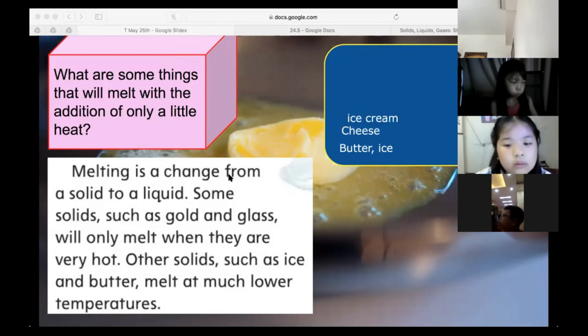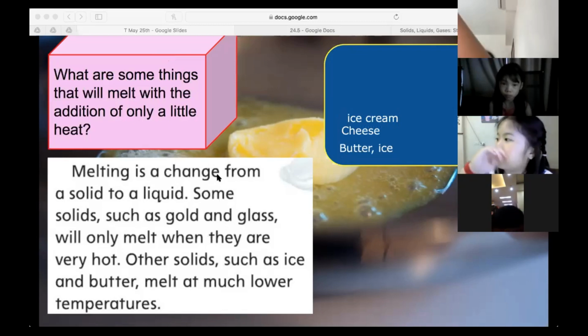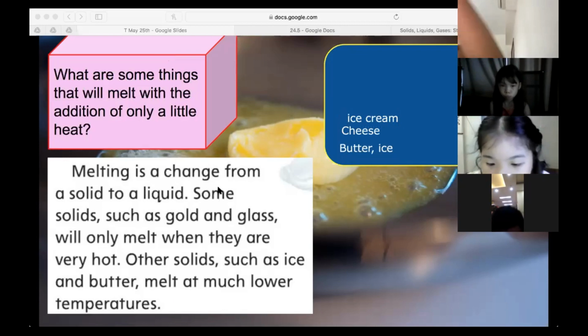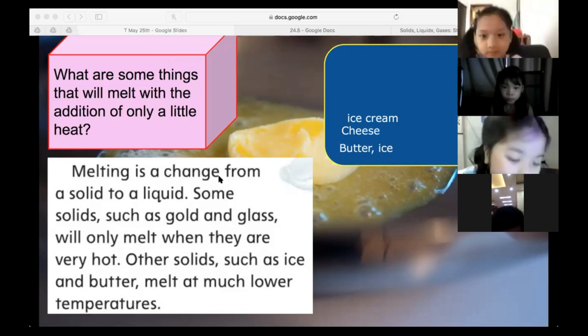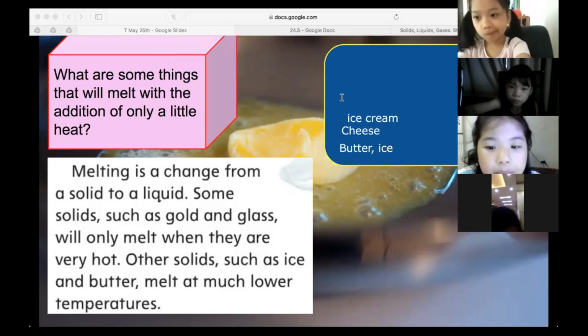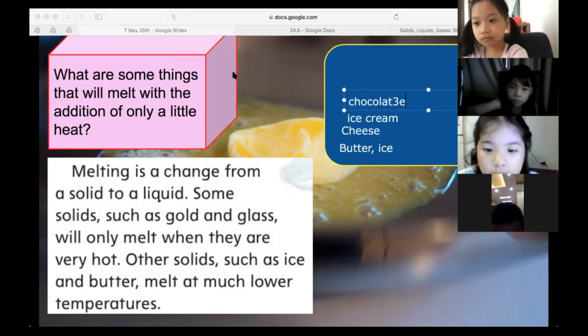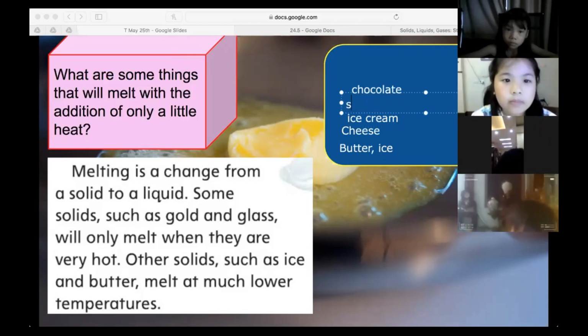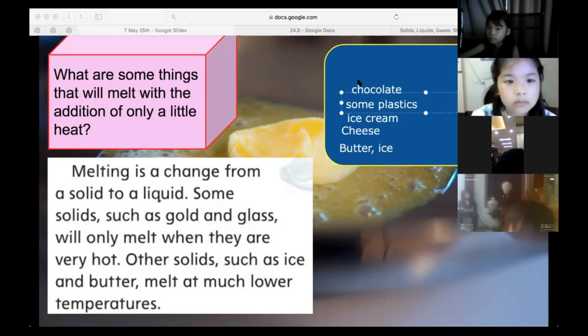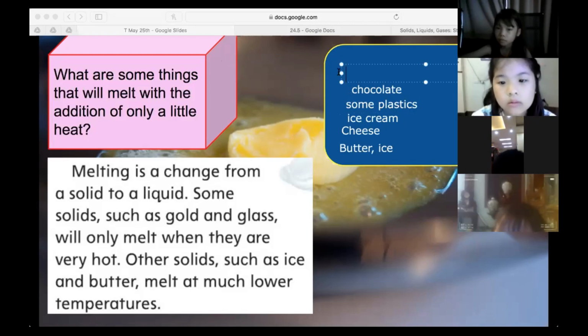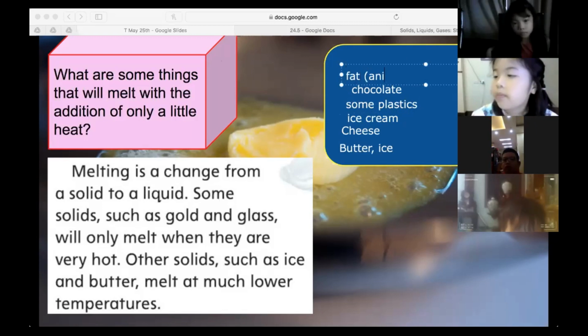Who else has one? Raise your hand using the button on Zoom. Nice, Taylor. Chocolate. Actually, surprisingly, some plastics. If you try and burn plastic, you guys see it in the street all the time. It actually burns pretty easily sometimes. Maybe fat, like animal fat.